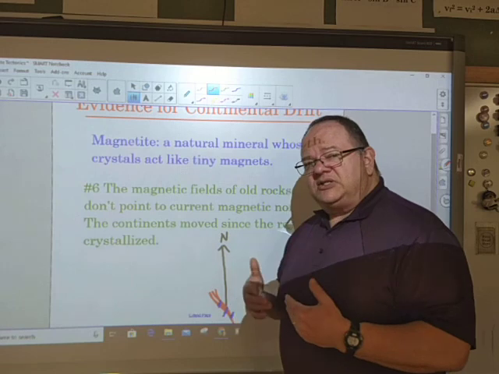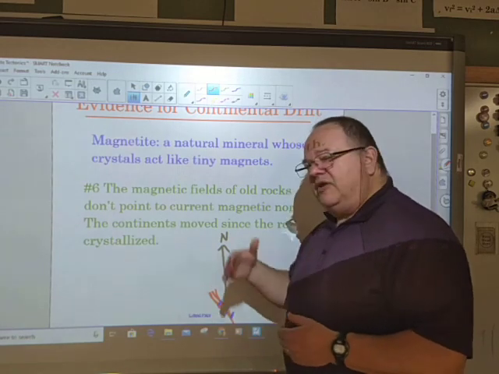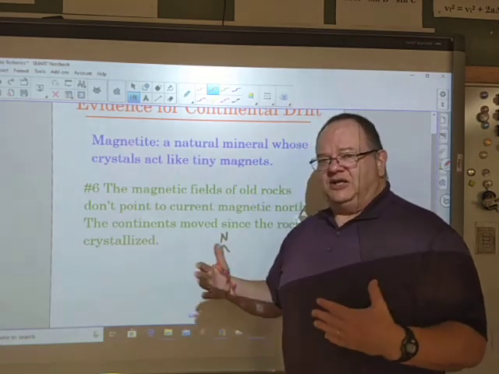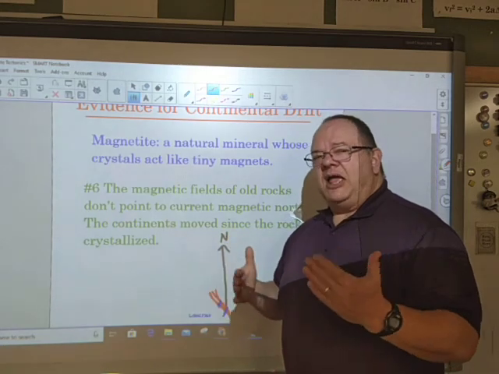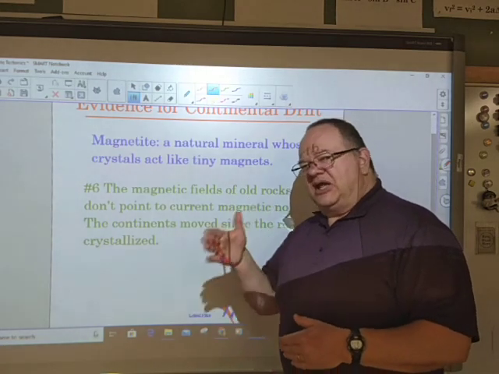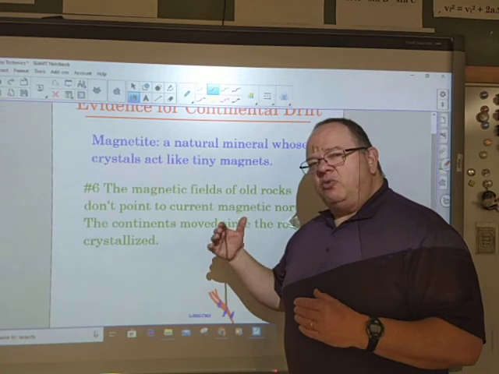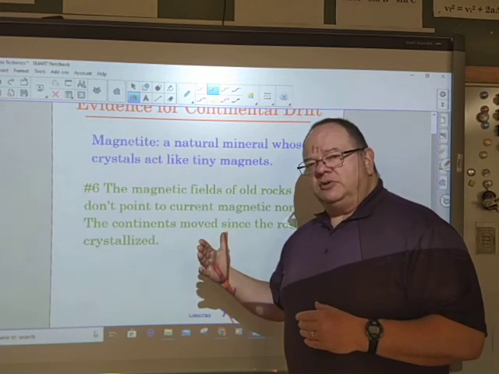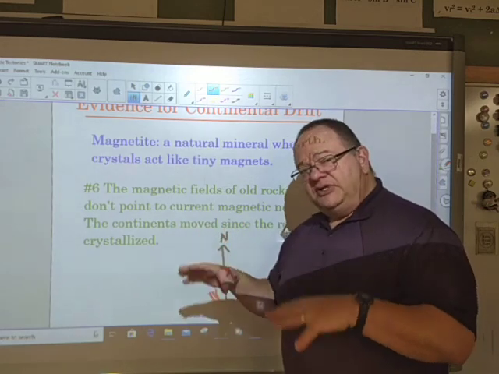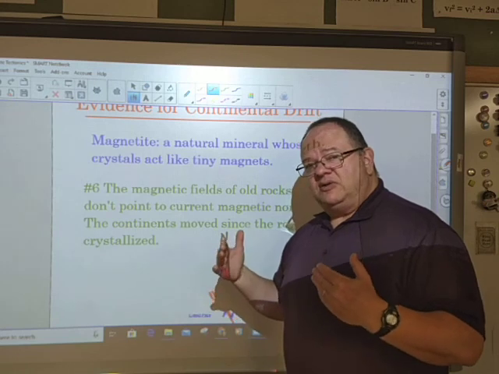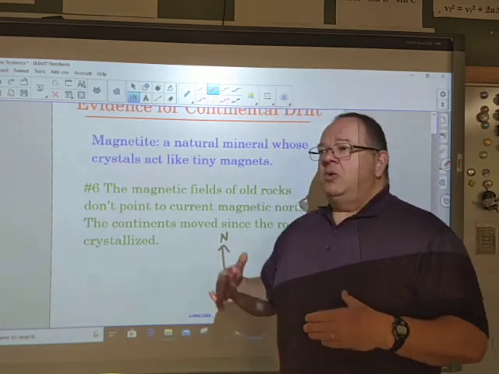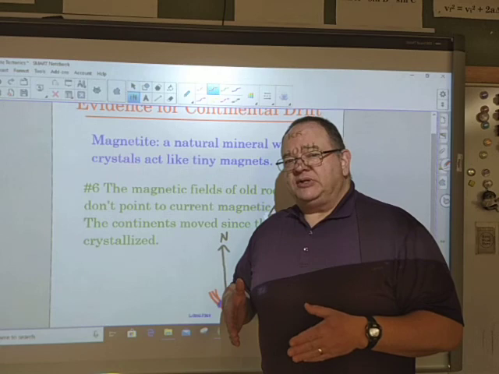Where it really gets to be stronger is the fact that if you look at different points on the Earth, they all had to be pointing to the same place. And so if we find rocks on different parts of the world that were formed, if we date the rocks and say that, well, okay, they date to roughly the same time, when they formed, they both should have been pointing north.